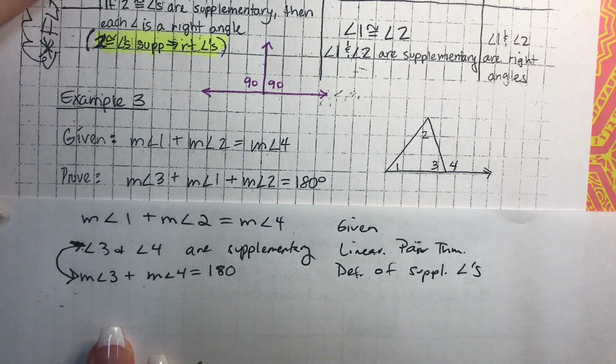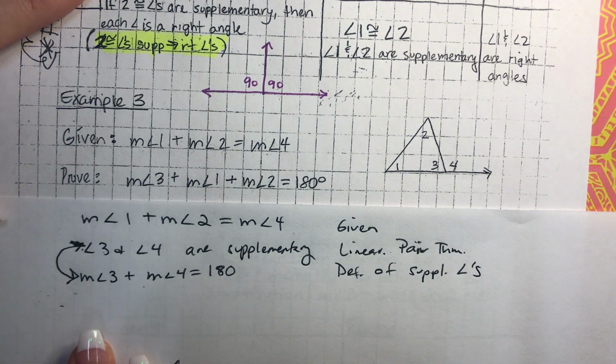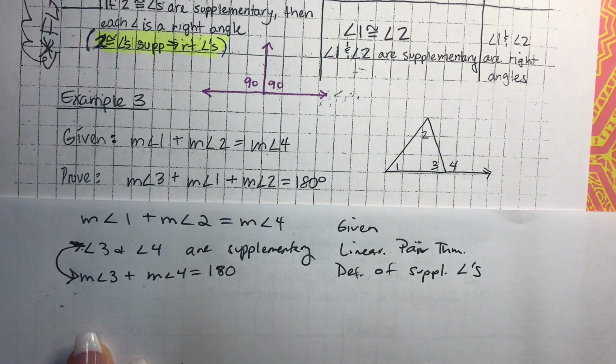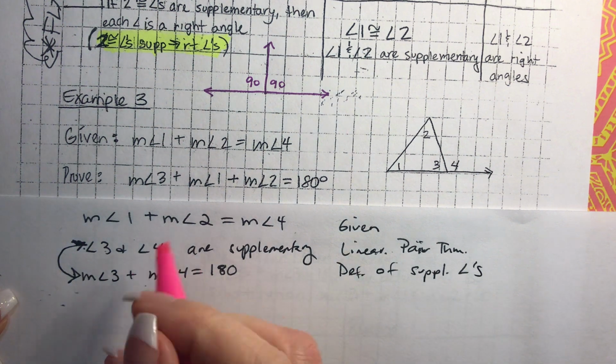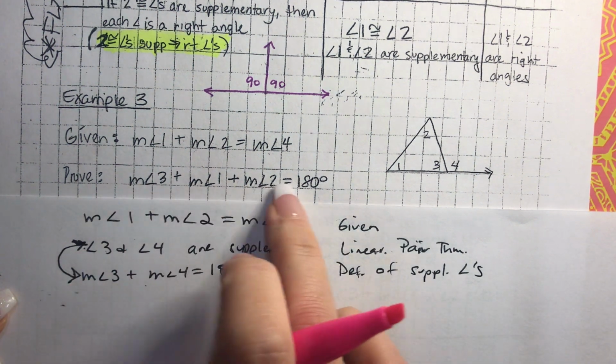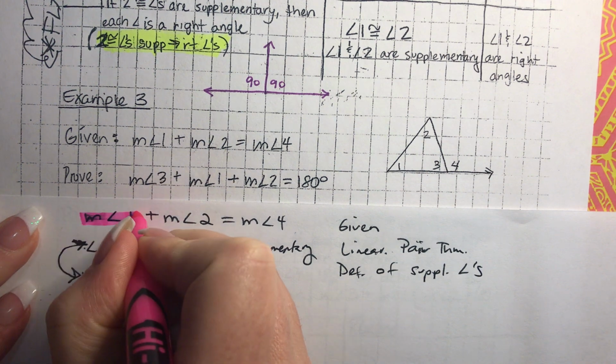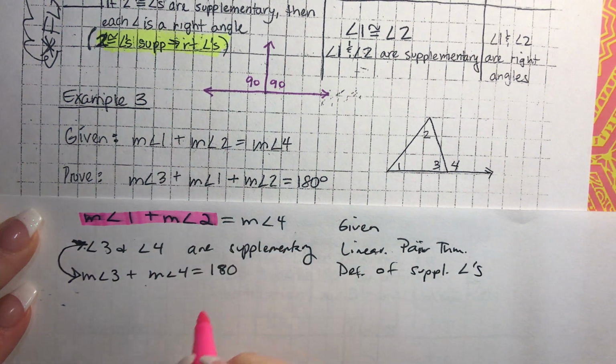But what we can do is go back to that first piece of information. Because we're trying to prove this, you should see that the measure of angle 1 plus the measure of angle 2 is equal to the measure of angle 4.